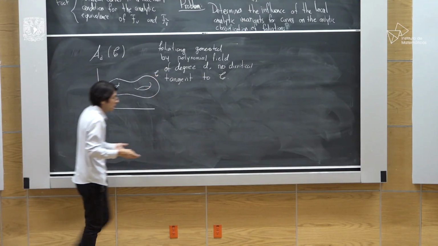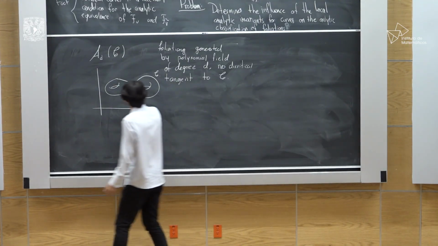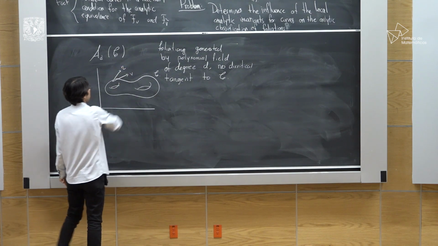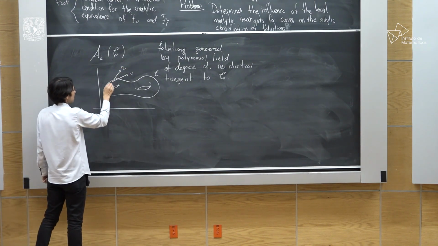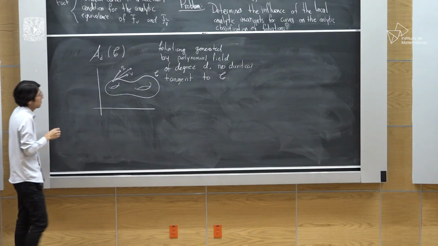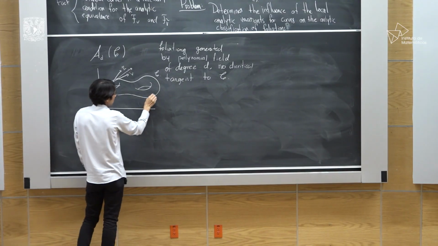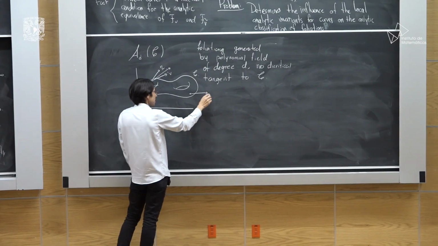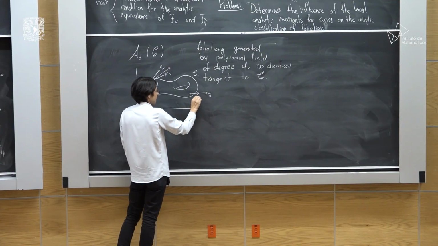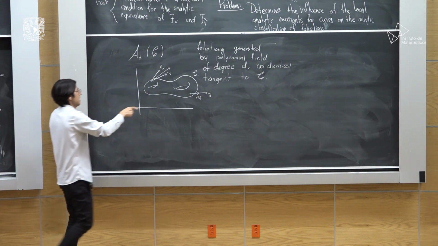If we have two vector fields that are tangent to C, and we consider the sum of the two vector fields, the resulting vector field is again tangent to the curve C. Also, if we have a vector field tangent to C and we rescale it by complex numbers, we again obtain a tangent vector field.